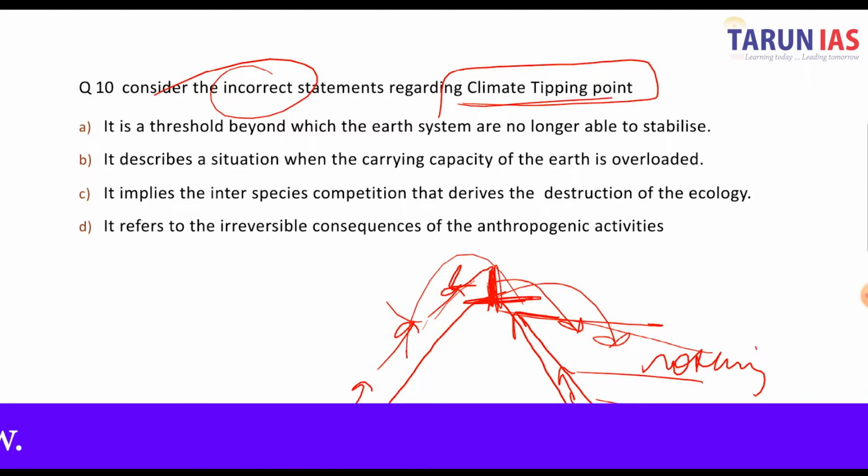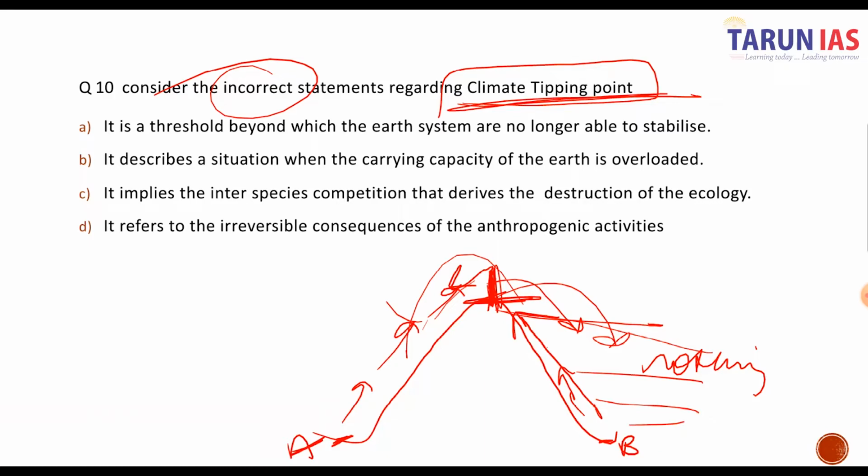And so climate tipping point will be that point where climate change has reached a threshold from where we cannot reverse it, right? It is basically a threshold beyond which the earth system is no longer able to recover itself, right?